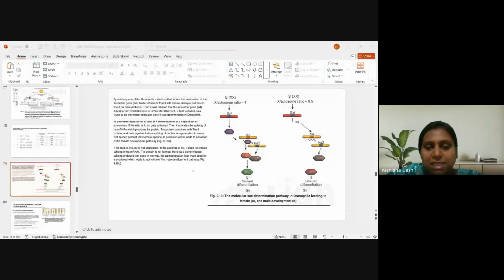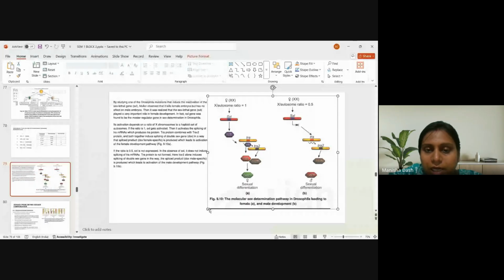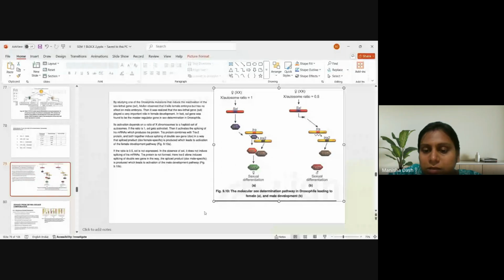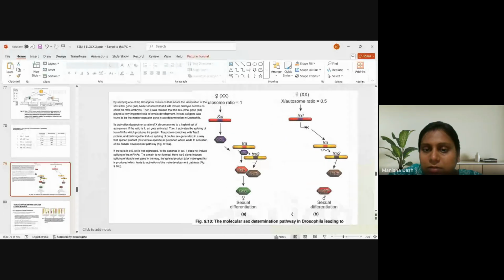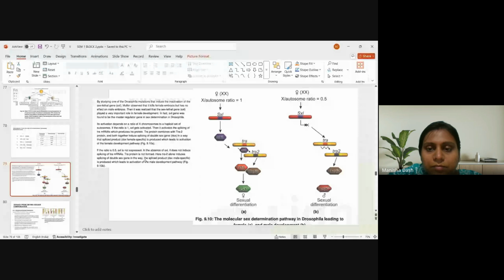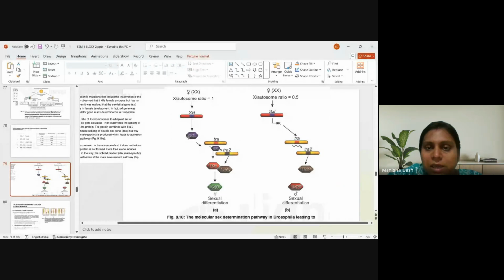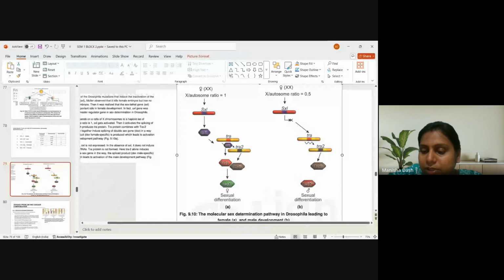So how exactly are maleness and femaleness determined in Drosophila? Let's see the genetic mechanism behind it. There is a gene called the SXL gene, also called the sex lethal gene.